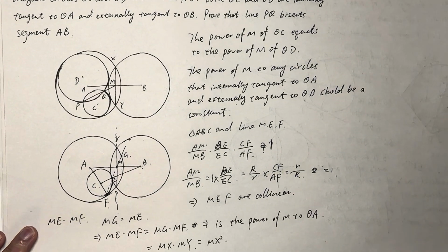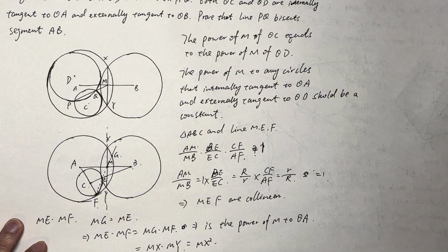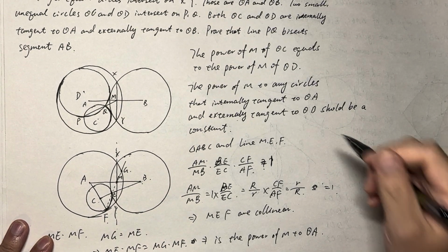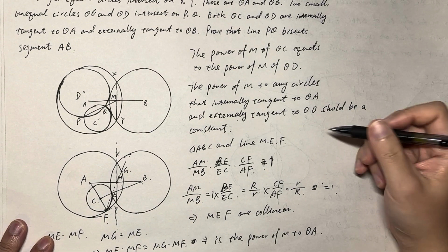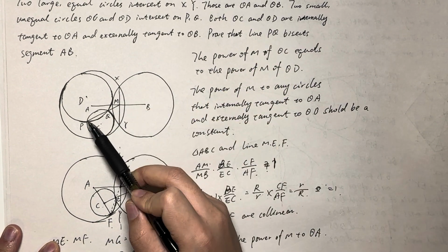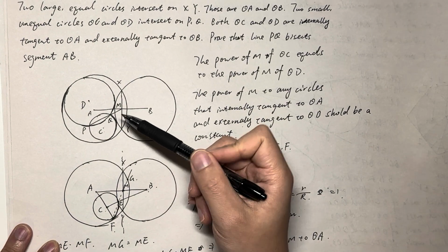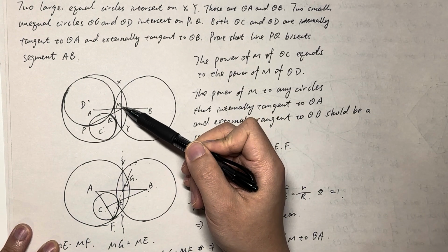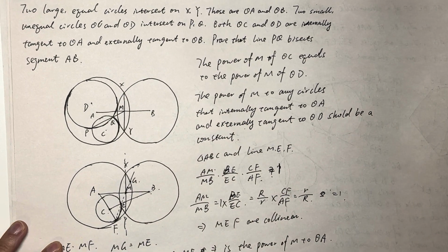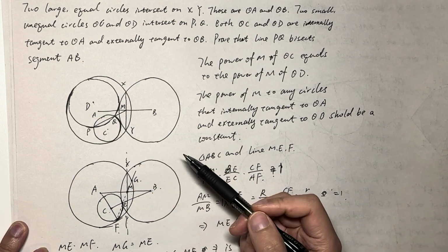Okay, so I think this is a very interesting problem because maybe you can easily get that we want to prove M is on the radical axis PQ, and that we just need to find the power of M to C and D, but you really need to realize that we just need to find the power to either C or D, right?